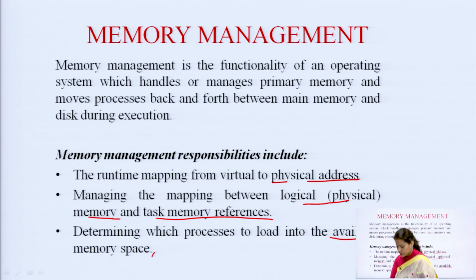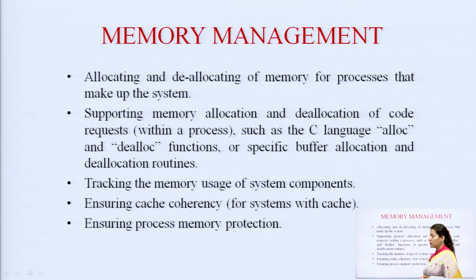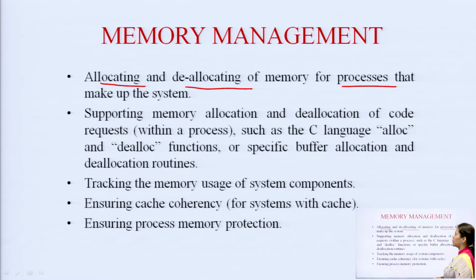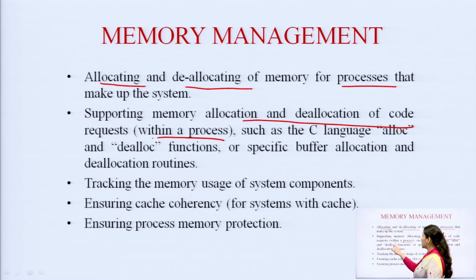There are a few more responsibilities, like allocating and deallocating memory for the processes that make up the system. It is very important to decide at what time memory is to be allocated to or deallocated from a certain process. Another is supporting the memory allocation and deallocation requests of code within the process, such as the C language alloc and dealloc functions.